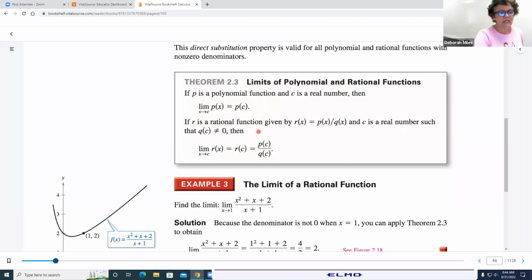And this one is saying if r is a rational function, then as x approaches c, you can just plug c into the numerator, plug c in the denominator, but watch out, as long as q of c doesn't give you 0. And we'll have to talk about what to do when it does, but you can't use direct substitution to find the limit of a rational function as the denominator is getting close to 0.